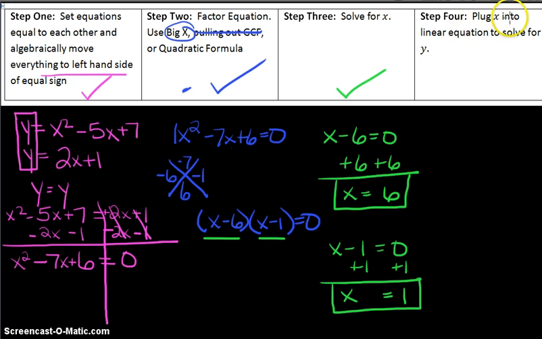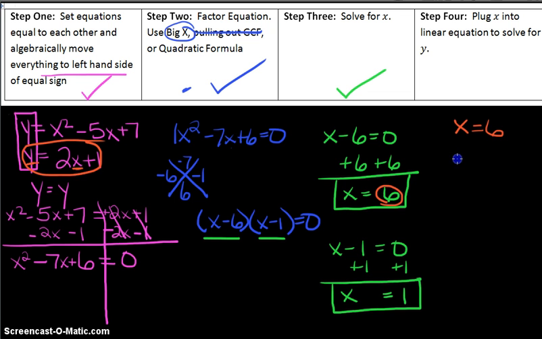Now step 4, plug x into the linear equation to solve for y. Okay, let's change colors again. So x equals 6, let's just start off with that first value, x equals 6. I'm going to plug this value into this equation so I can easily find y. This is my x value.